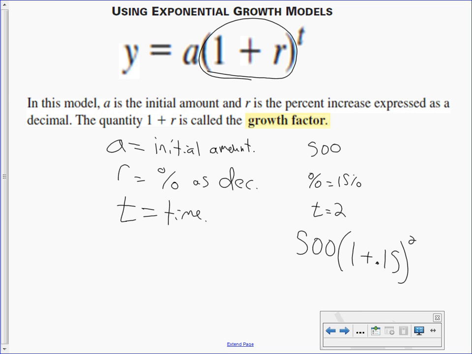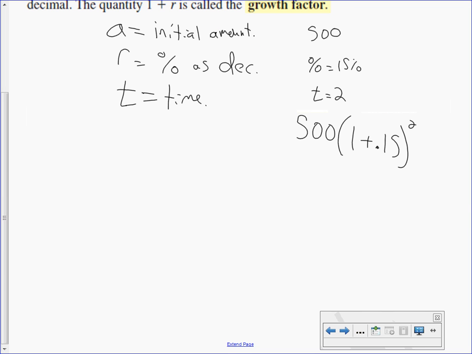And what the book does is write it as 500 parentheses 1.15 squared. They take that 1 plus the rate right away, and it's written as 1.15.